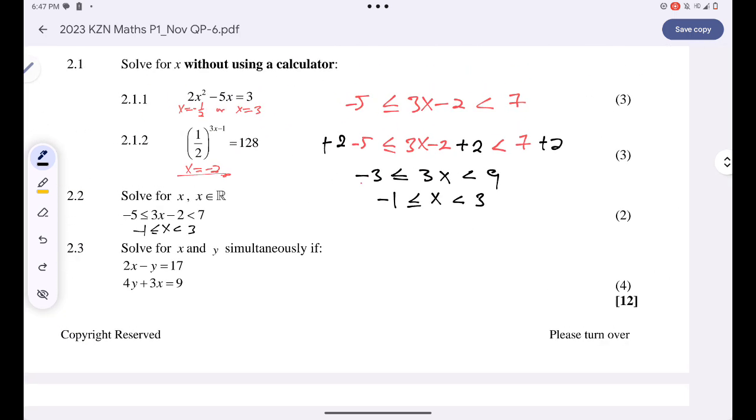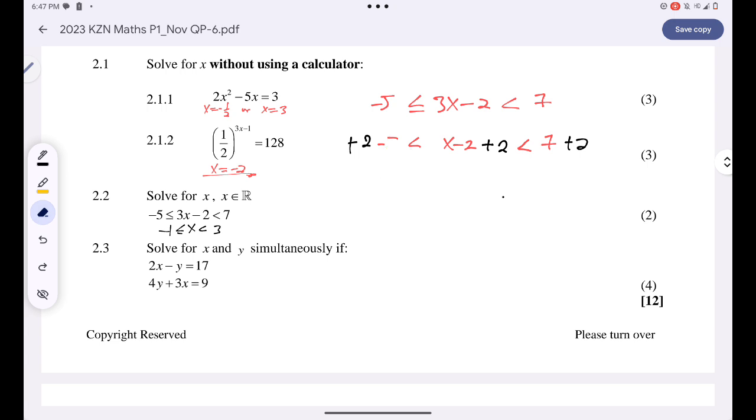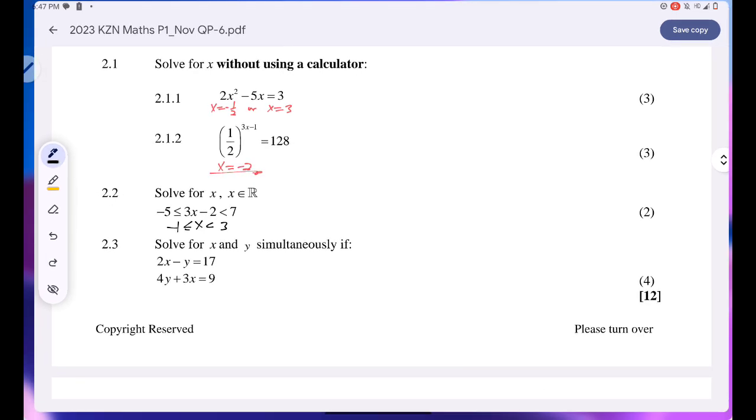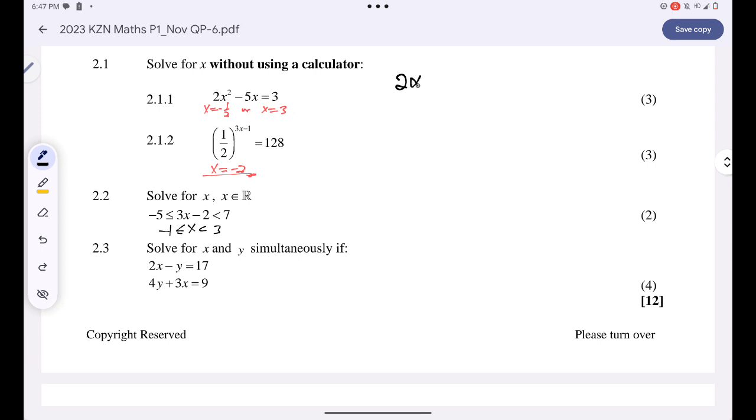Okay, then now I'm supposed to solve a simultaneous equation. I'm given equation number 1, so I'll simply say 2x minus y is equal to 17. This is equation 1, and then 4y plus 3x is equal to 9.